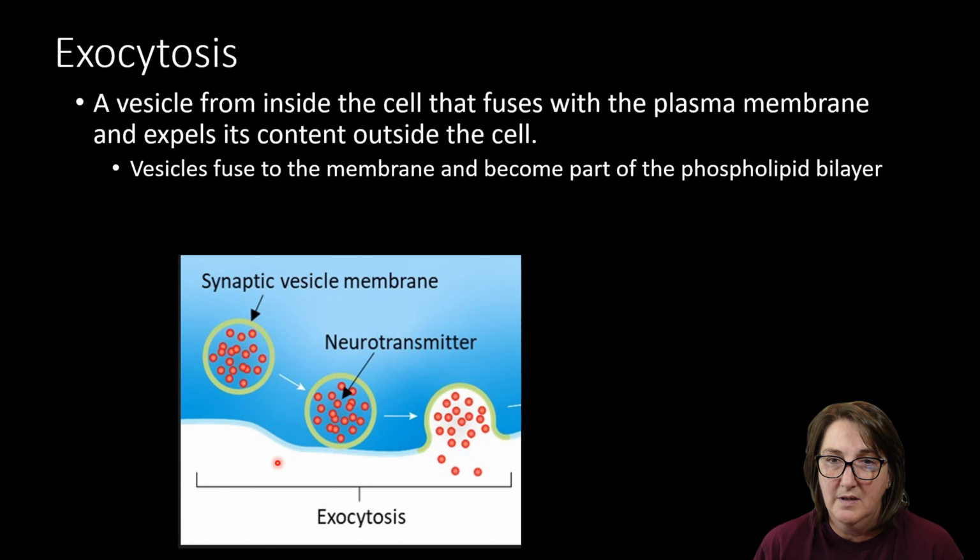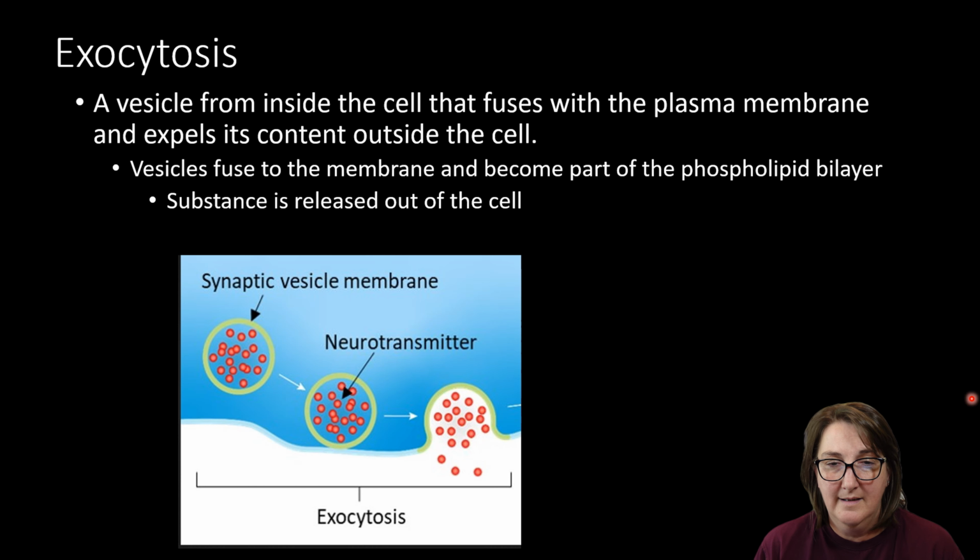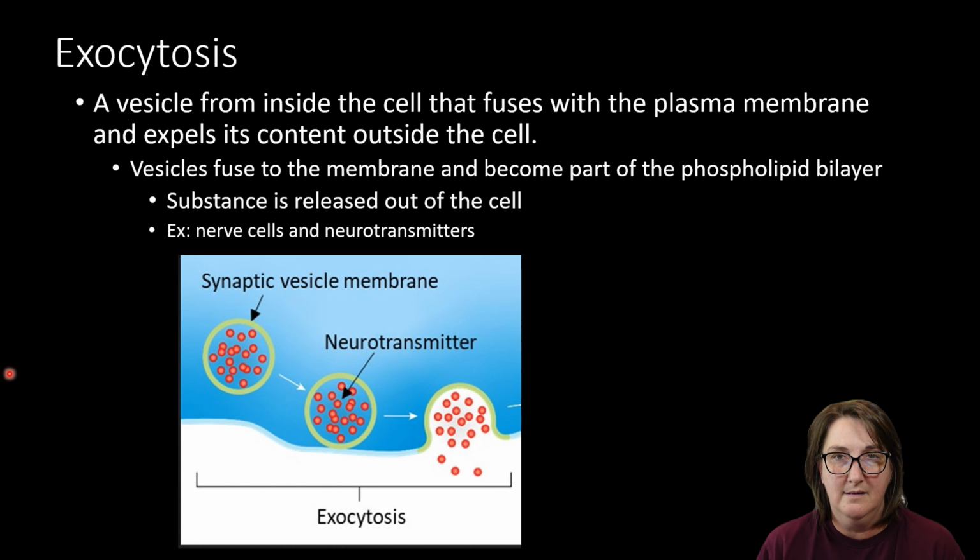Vesicles are going to fuse to this membrane. See how this was one circle, and now you see how the green is now a part of this. This phospholipid bilayer is now going to be a part of that membrane, and the substance will be released out of the cell. We see this a lot with nerves, neurotransmitters jumping across the synaptic gap.